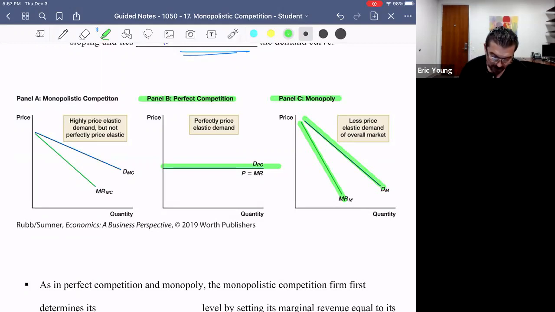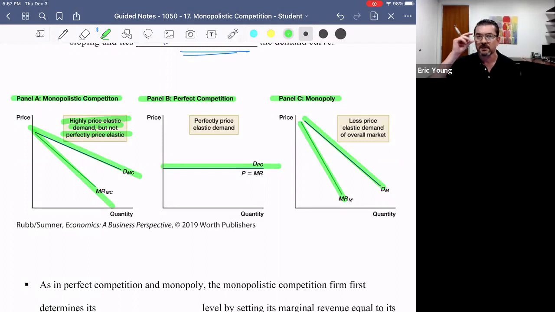Okay, if we compare those two to monopolistic competition, we see again a downward sloping demand curve because of the market power, because of the product differentiation. And we also see the MR curve underneath it. But critically, again, in monopolistic competition, the demand curve is downward sloping, but it's highly price elastic because there are many rivals.